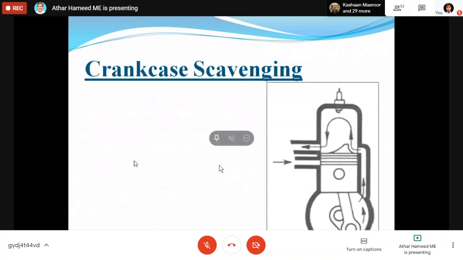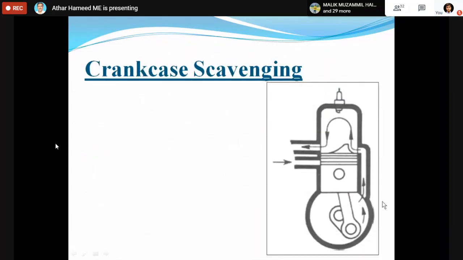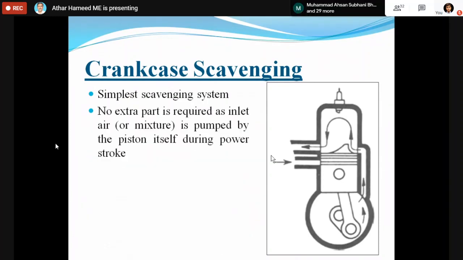In the crankcase, when the piston comes down, it pushes the charge inside it, and through the transfer port it goes to the chamber and then out. So this is what we have just discussed. It is placed inside the scavenging system. No extra part is required, as the inlet air or mixture is compressed by the piston itself during the power stroke.